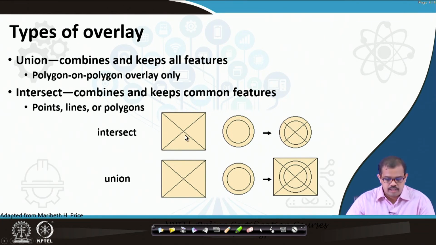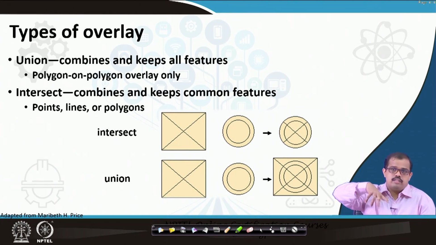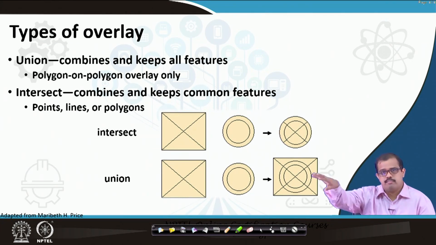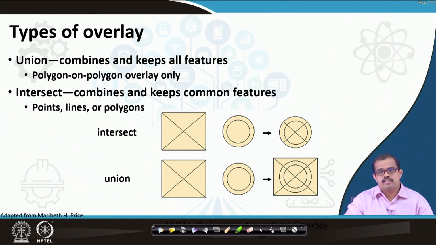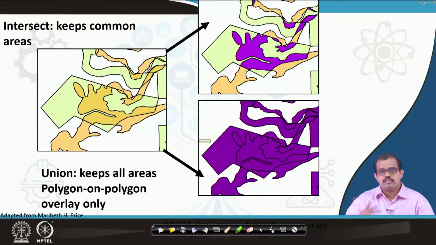For example, if you look at this and this, the common feature is only this, and the other areas are cropped. A very good example is when you want to create your study region based on a boundary: you crop the other regions and put them out. That is where overlay helps, and it is a very good tool in your GIS software to look at various aspects.